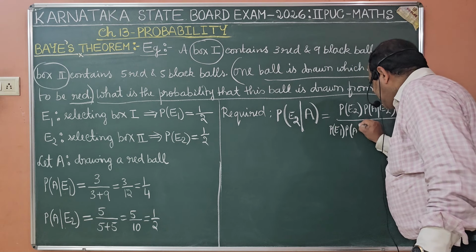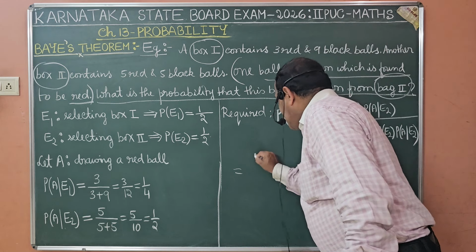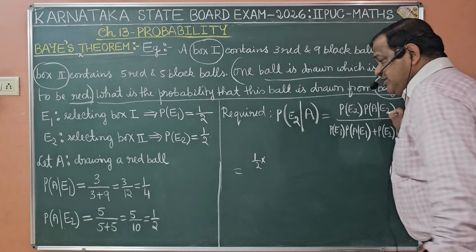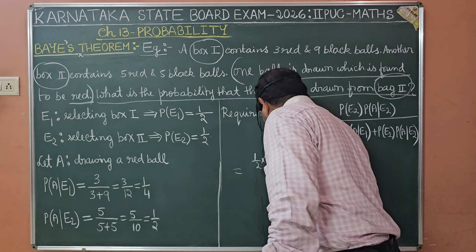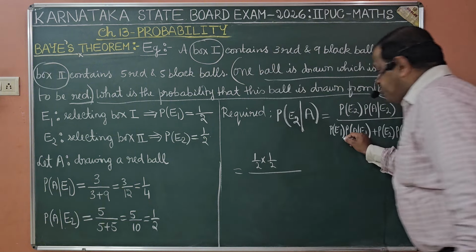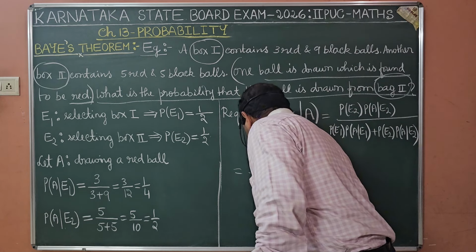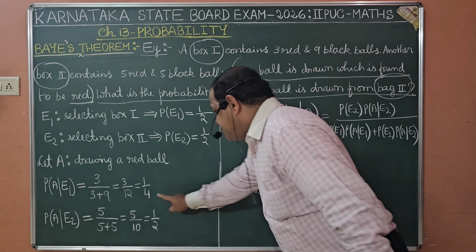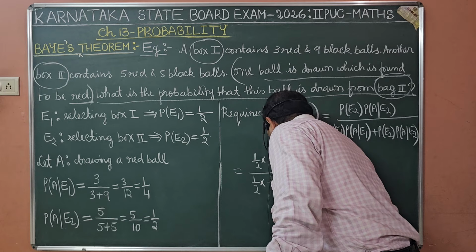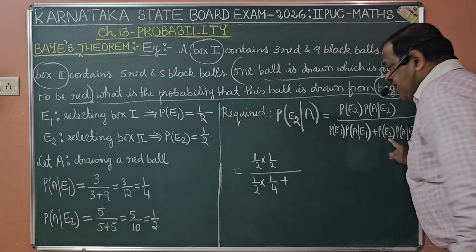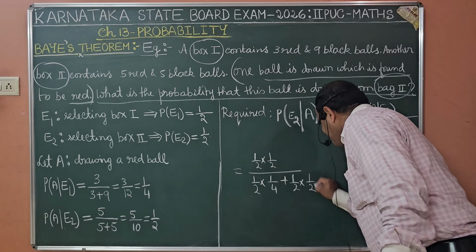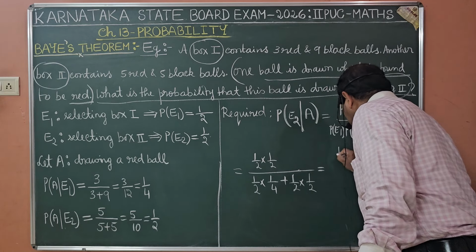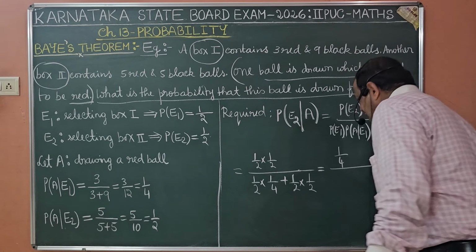P of E2 is half into P of A given E2, which is also half, divided by P of E1 which is half, into P of A given E1 which is 1 by 4, plus P of E2 which is half into P of A given E2 which is half itself. Therefore, the numerator becomes half into half, 1 by 4.